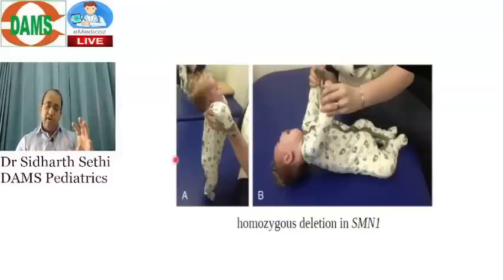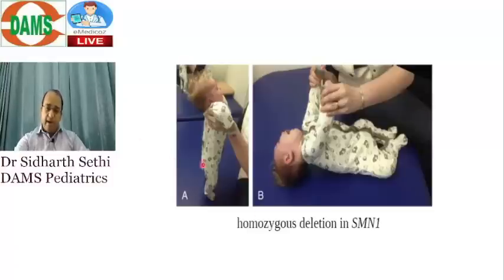So these children are floppy. They have hypotonia. They are in a frog-like posture. Okay. So they have lower motor neuron weakness. So atrophy, hypotonia, and fasciculations. So you can appreciate fasciculations of the tongue in spinal muscular atrophy.